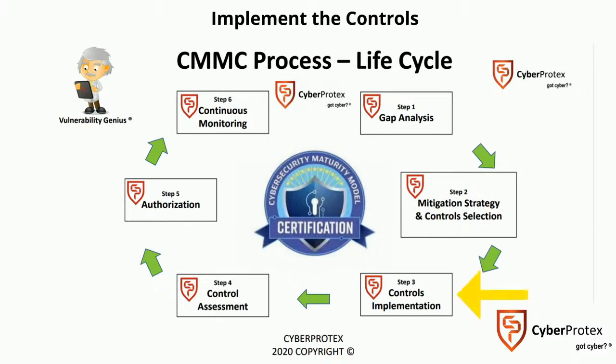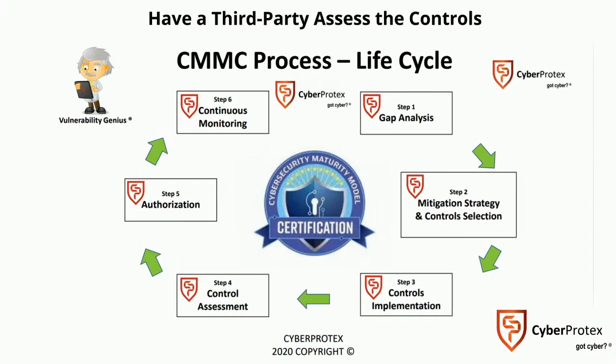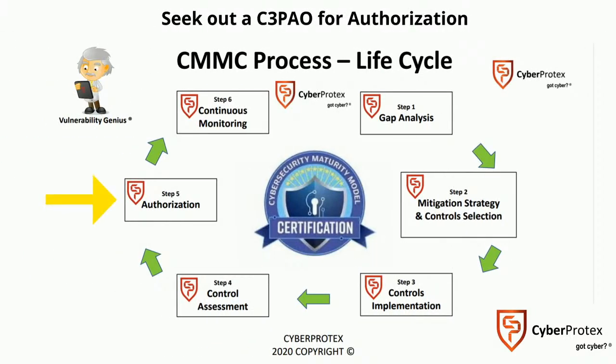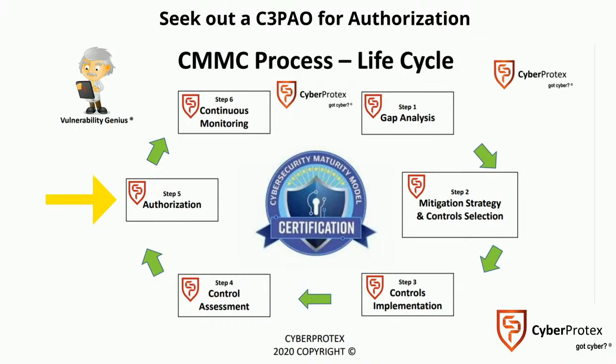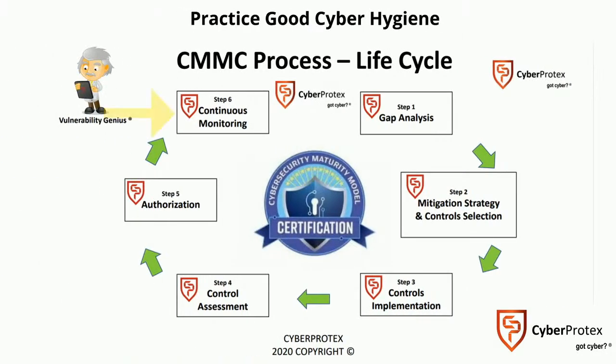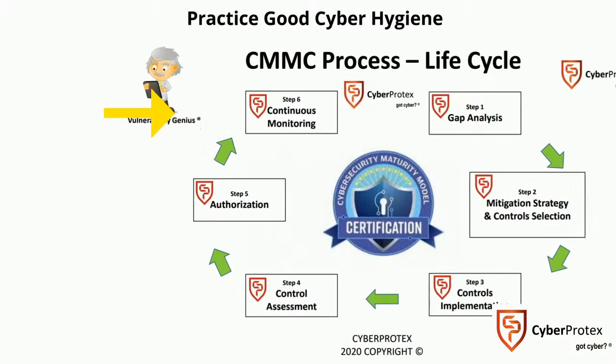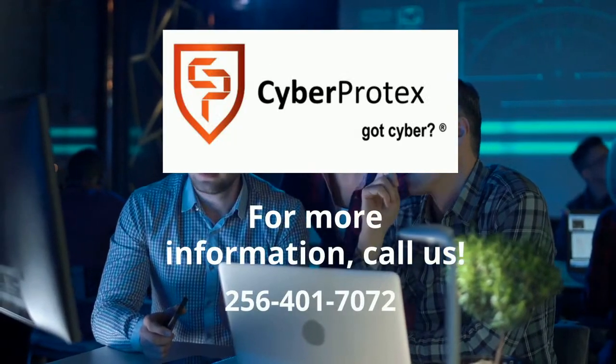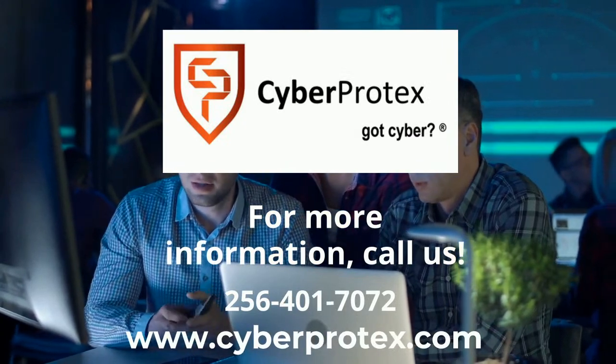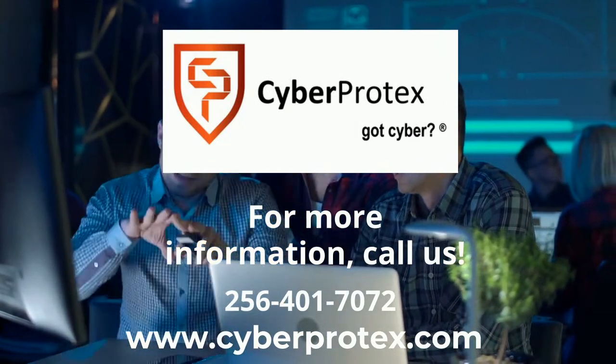This can take anywhere from 6 weeks up to 6 months, depending on the size of the network. After you have implemented your controls, have a third party assess the controls to give you the litmus test. Next, you can seek out a C3PAO for authorization to confirm that you are CMMC compliant. And lastly, practice good cyber hygiene by continuously monitoring. If you follow these steps in this life cycle, you will be closer to becoming CMMC compliant. Contact us today for more details.